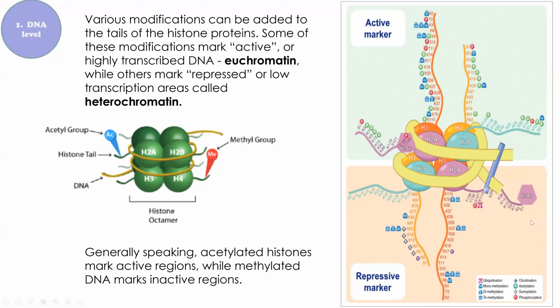You can see it's not 100%. There is methylation going on down in this repressive marker, but there are other things too that we're not going to talk about today, like sumoylation, etc. There's some methylation going on up here too. In reality, it depends on exactly where these methyl groups are and what they appear next to, what their neighbors are going to be.